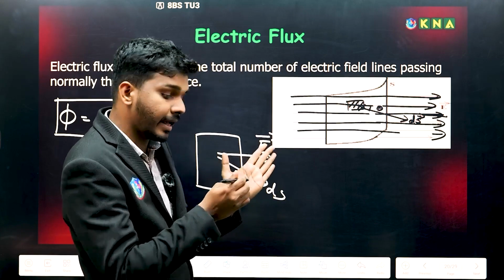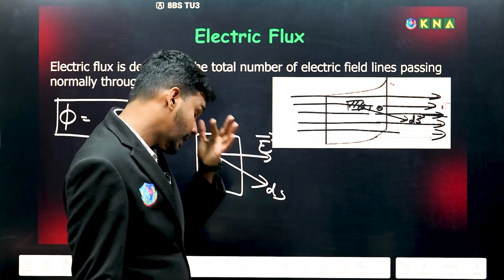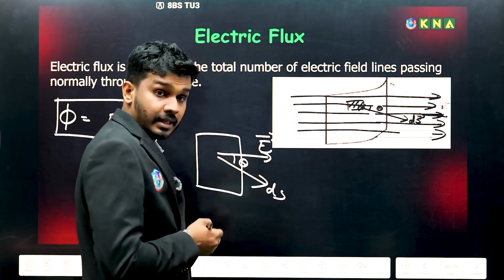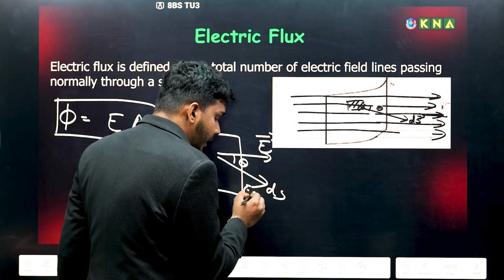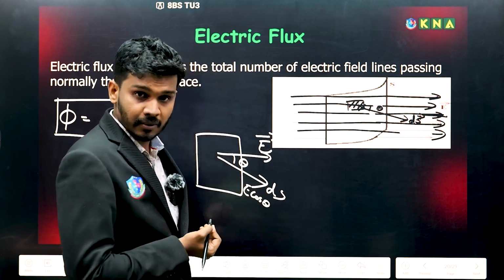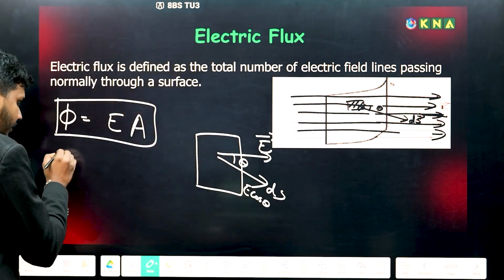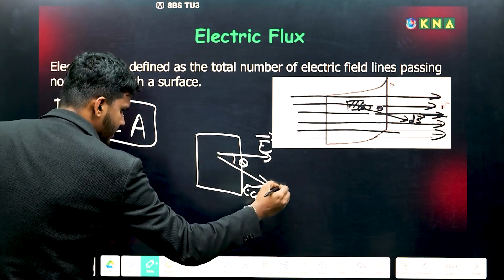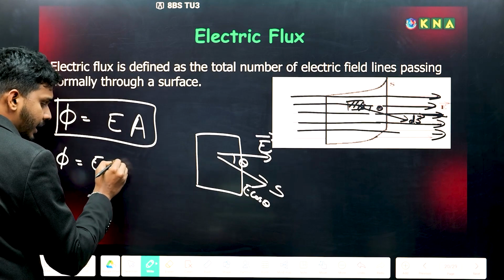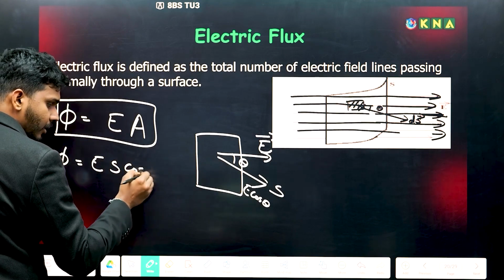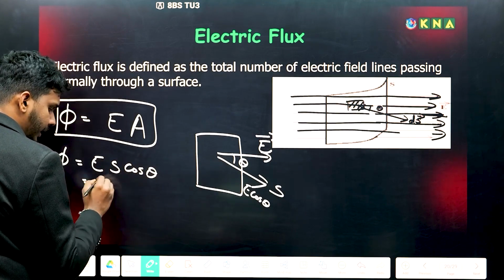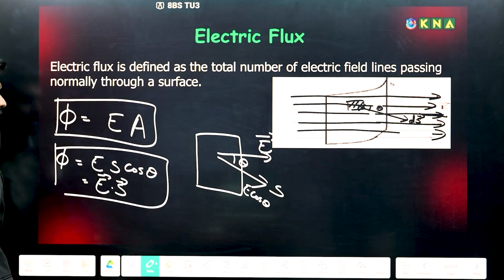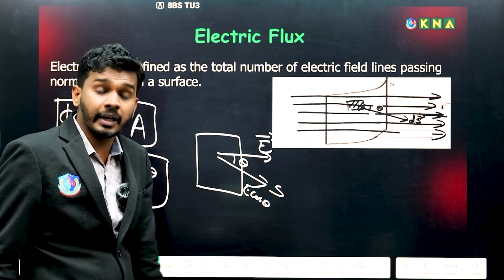If this angle is theta, this component is E cos theta. So what is phi? Phi is equal to E cos theta into S, if its area is S. That is ES cos theta, or E dot S.